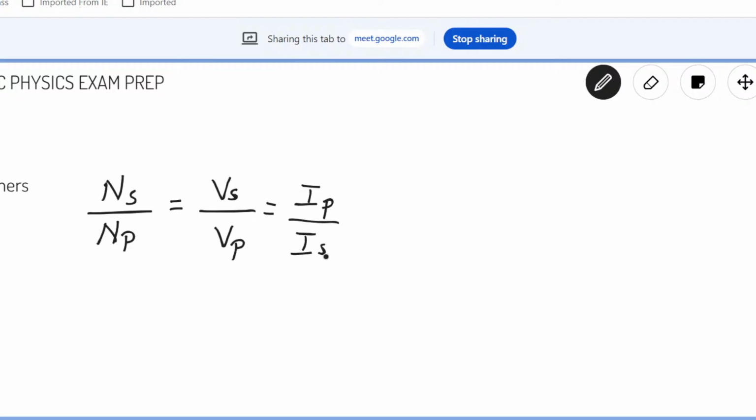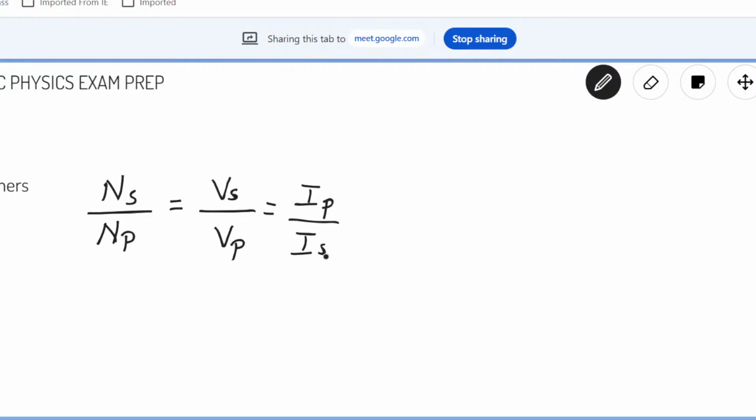Alright, so if you remember the transformer diagram, you would remember that you have this hollow looking box, where on the left hand side of that box you have some wires being coiled around that side.